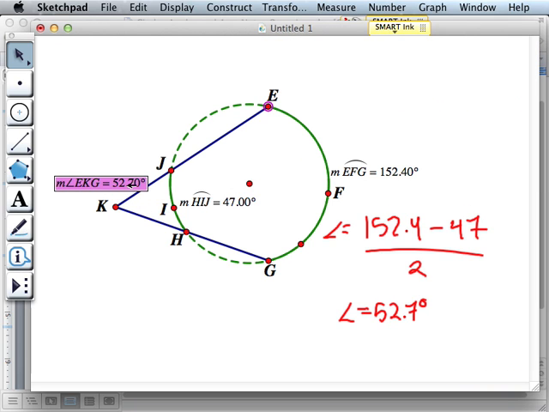Okay, so they end up equaling the same thing. So the point is it's big arc minus small arc divided by 2 if the angle's outside of the circle. And it doesn't matter if you're touching with a tangent or a secant or two tangents. It's always if the angle's outside, big arc minus small arc divided by 2.